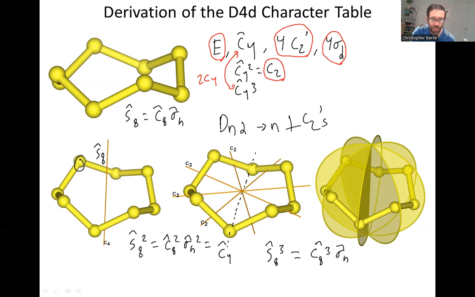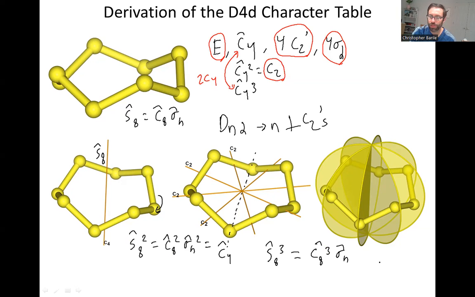Because it'd be like taking this, rotating it all the way over here to this point, three spaces, 1, 2, 3, 135 degrees, and then flipping using that sigma H down into there. So it traces onto itself. There's a sulfur atom there. So this is a unique operation that exists.